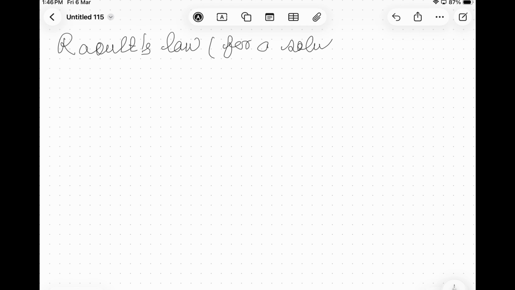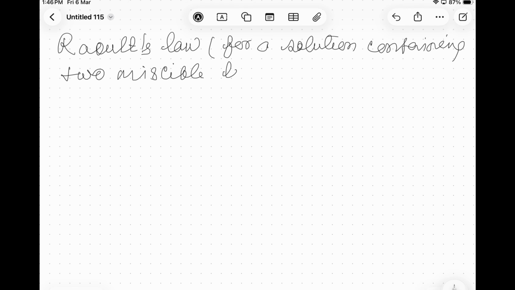Let us now discuss Raoult's law for a solution containing two miscible liquids.